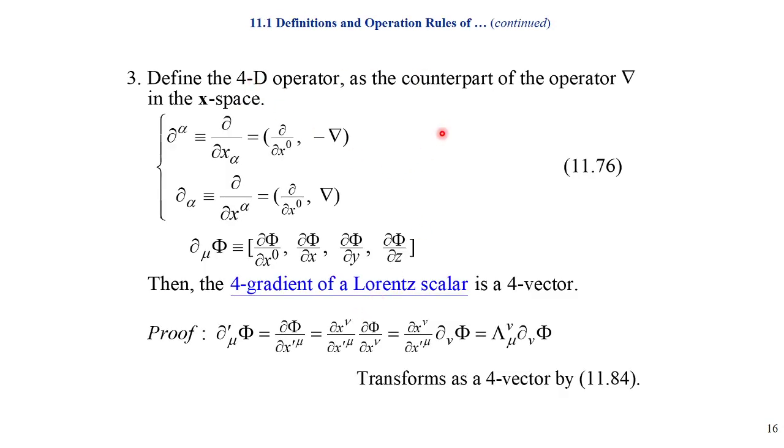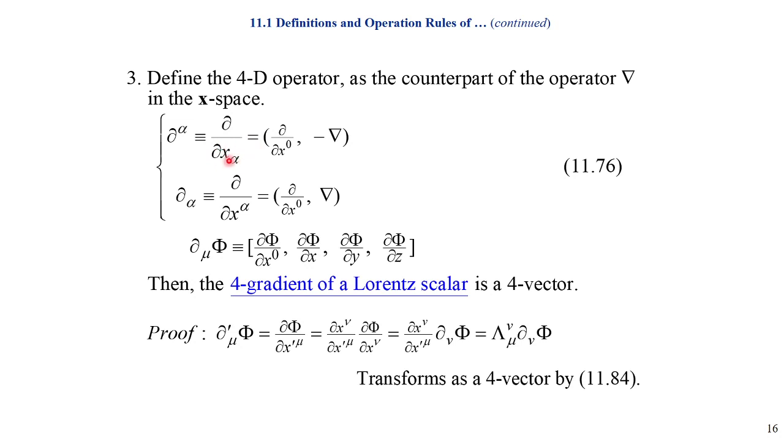let's define a four-dimensional operator. Remember, in three dimensions, we have gradient, curl, and divergence. How about in four dimensions? We can define similar notations, as the counterpart of the operator del in x space. So we define partial alpha, just like partial x alpha.